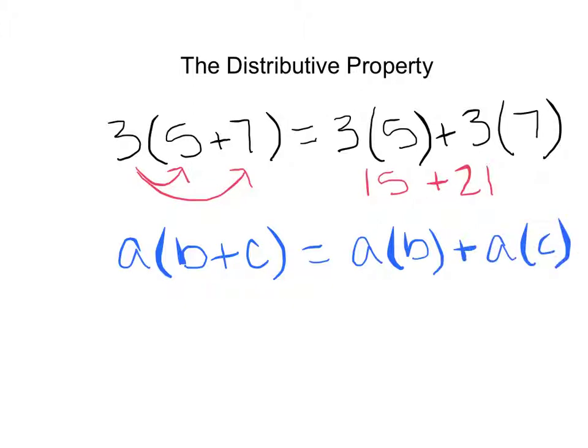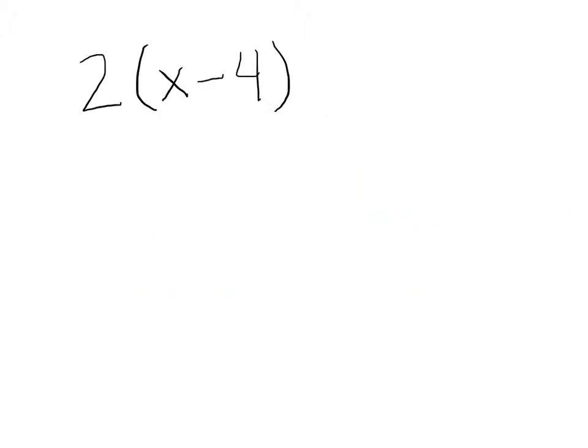Now this distributive property is awesome because it's true all the time. As long as you distribute what's outside the parentheses into everything inside the parentheses, you will always get a correct answer. Now, is the distributive property true even if you don't have any numbers? Well, of course it is. So let's use the distributive property to rewrite this.